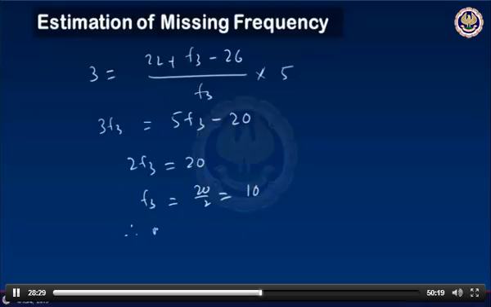Therefore the missing frequency F3 is 10.